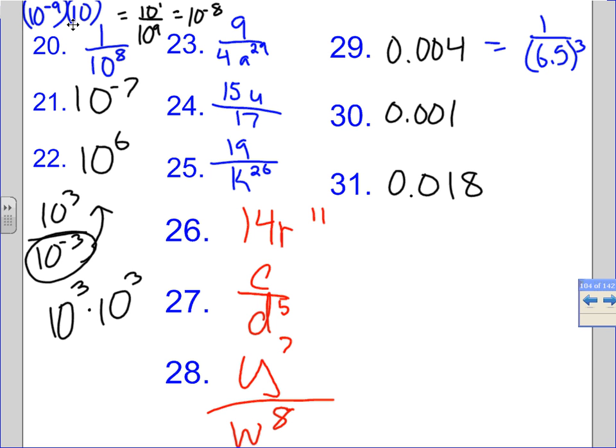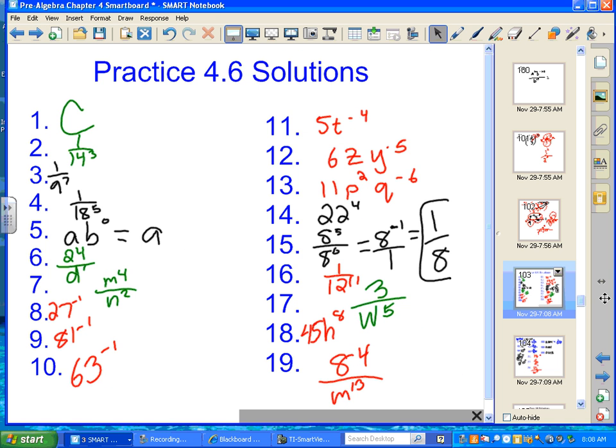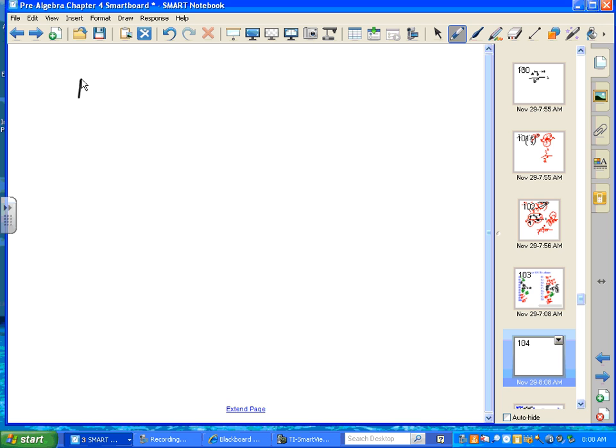Okay, pick one for now. Okay, 18. We have 9h to the negative second times 5h to the 10th. So step one, I would multiply these together.